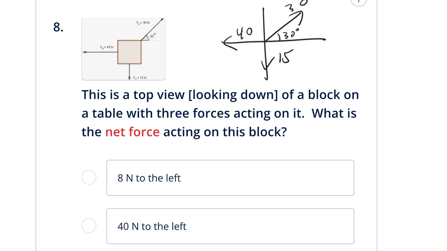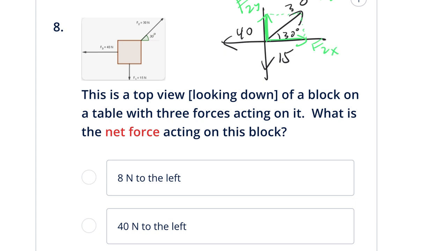Okay, so what I would do is, maybe an XY table would help for this, but on the slanted force, find what these are. This is F2, so this is F2Y, and this is F2X.